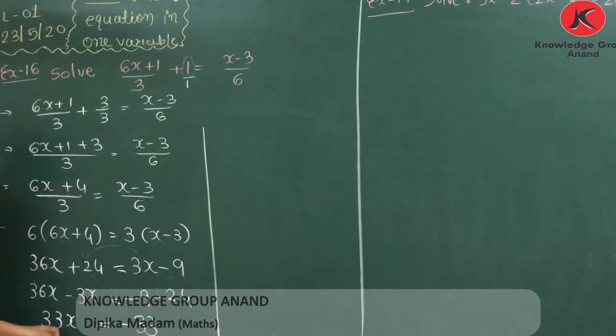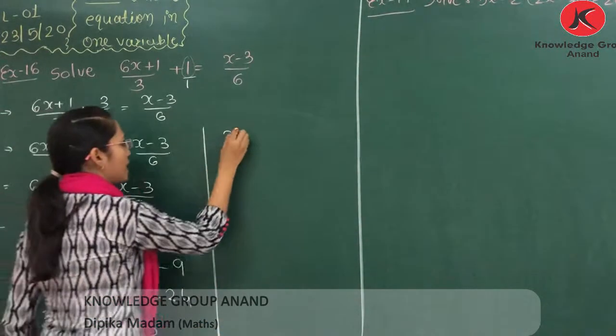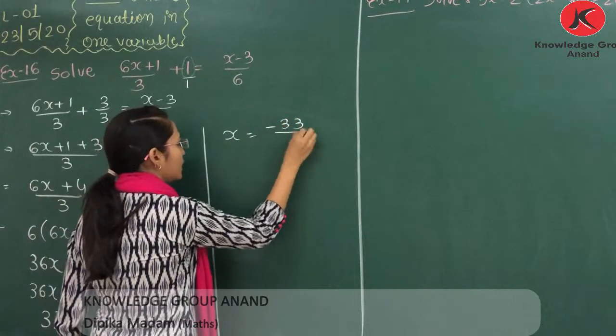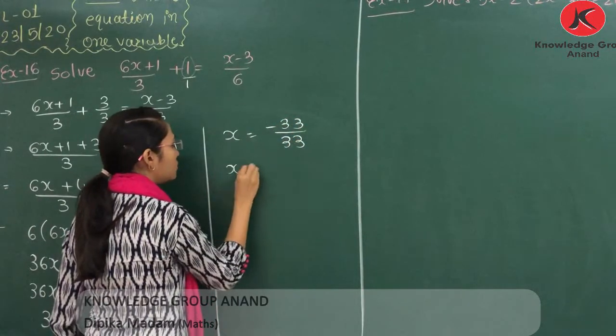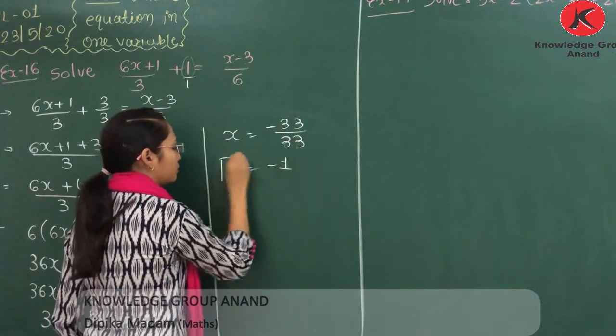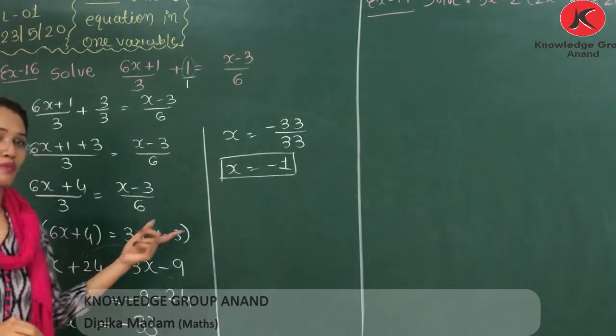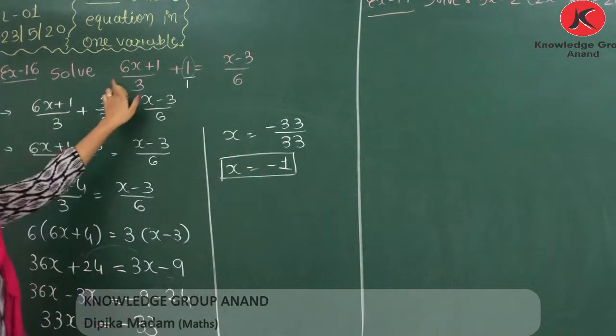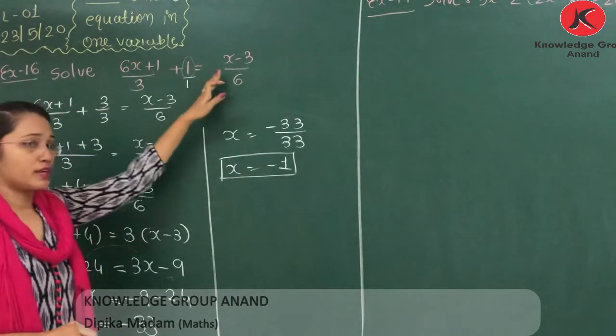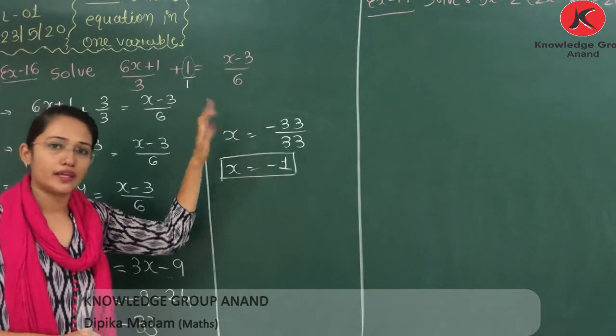Now 33 will be in divide, so x = -33/33 = -1. If you want to check your answer, then you can apply the previous method: write the value of -1 into the right-hand side and left-hand side. If both answers are equal, then your answer is correct.